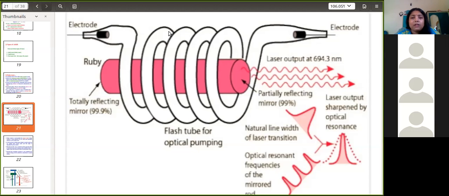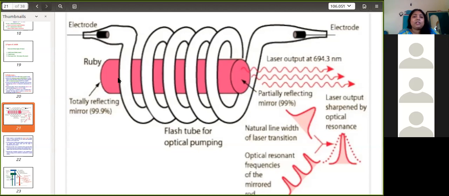Okay, so क्या हुआ? पहले energy दिया by xenon flash, it goes to the excited state, then it goes to the metastable state by releasing some amount of energy which is radiation less transition. फिर metastable state में population inversion achieve किया. Population inversion achieve करने के बाद we will have the first emission as spontaneous emission.